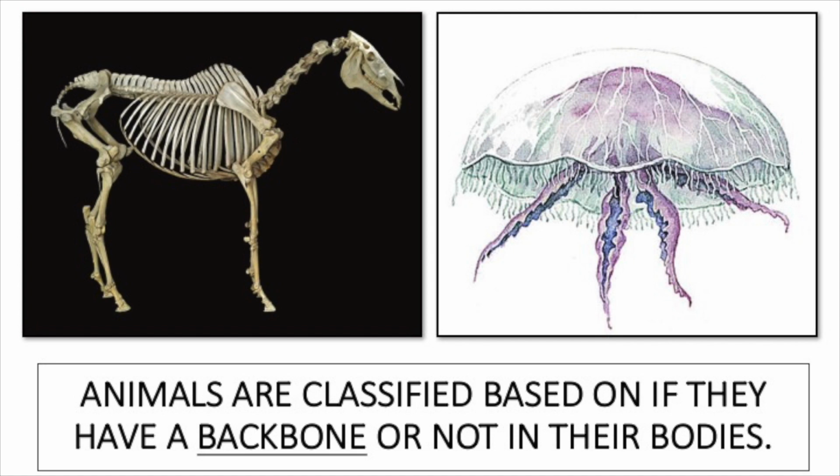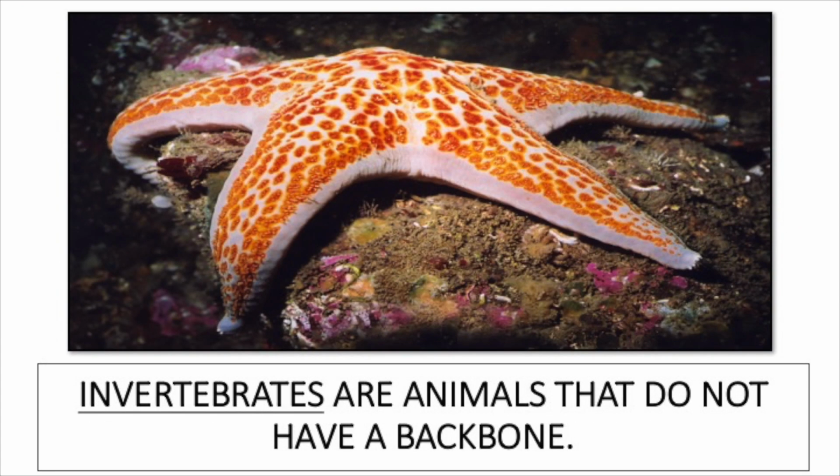Well, here we have jellyfish. Now, can anybody see the backbone of the jellyfish? No. That's because jellyfish don't have one. So jellyfish are invertebrates. Invertebrates are animals that do not have a backbone.